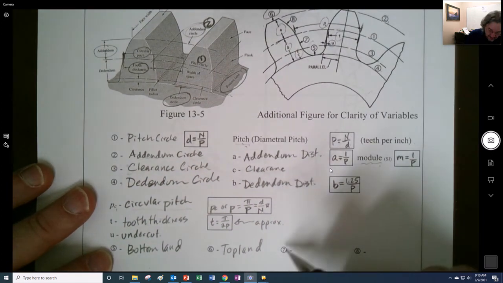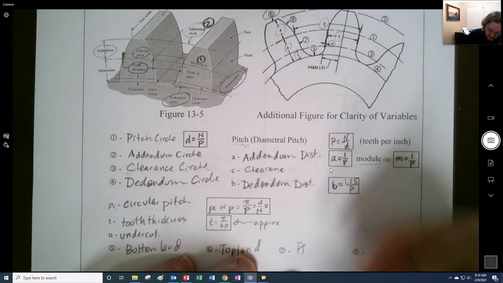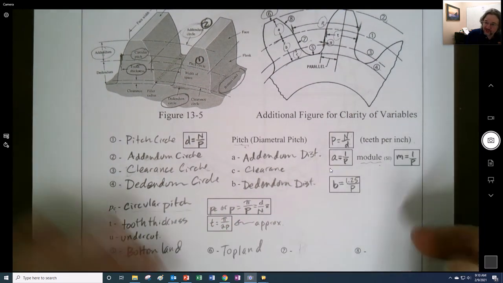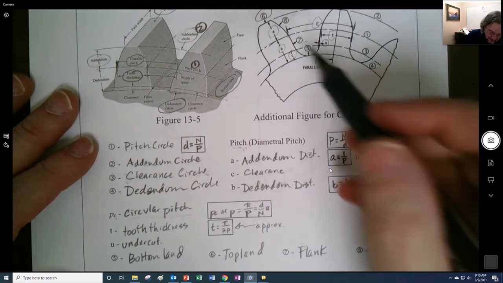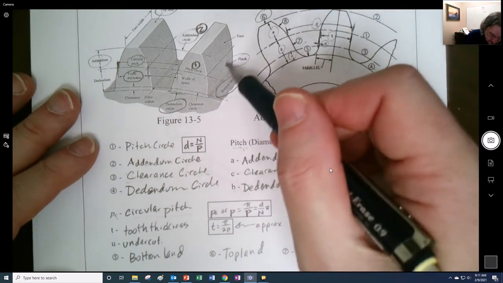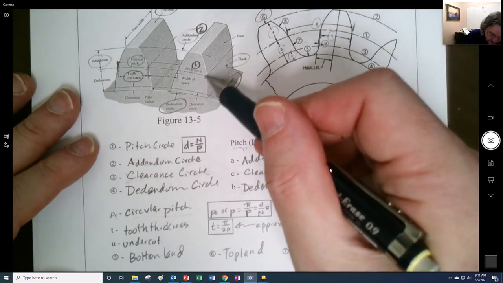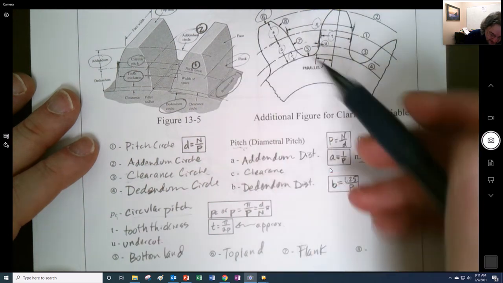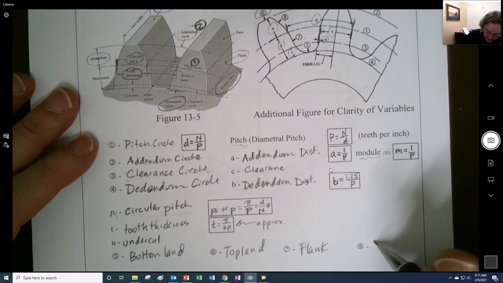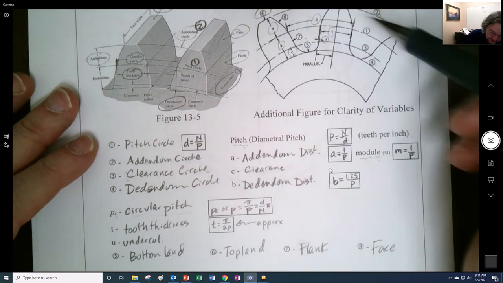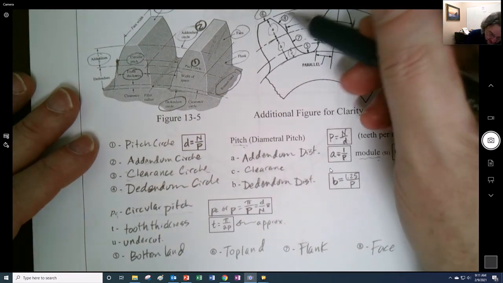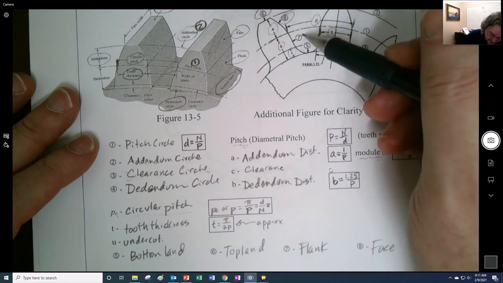And number 7 is the flank. Oh, I wrote plank instead of flank. And the flank is this lower part right here below the pitch line. And then lastly, we have the face, which is this top place right here. So there's number 8 right here, and there's flank right here.